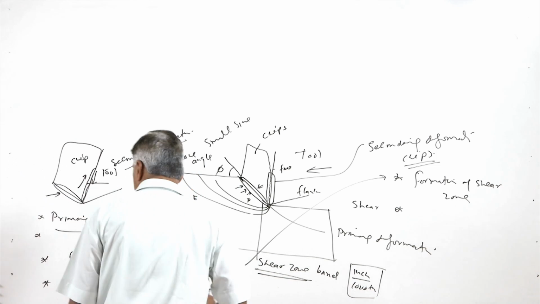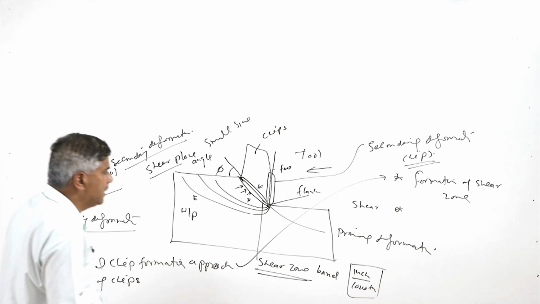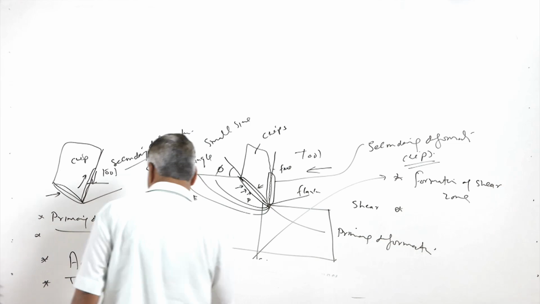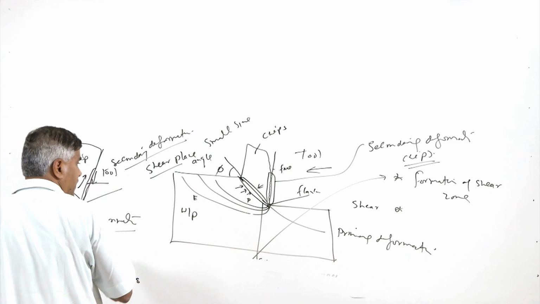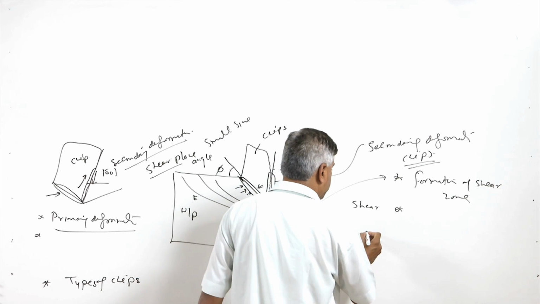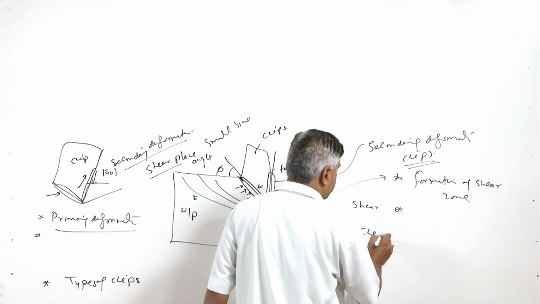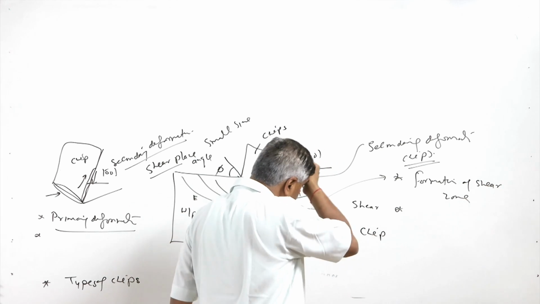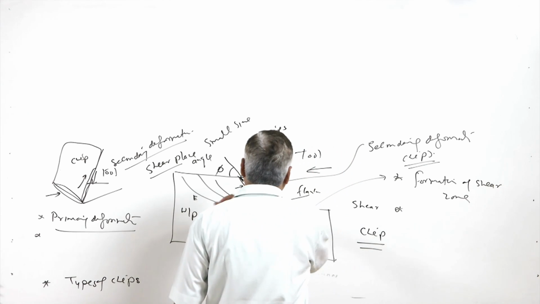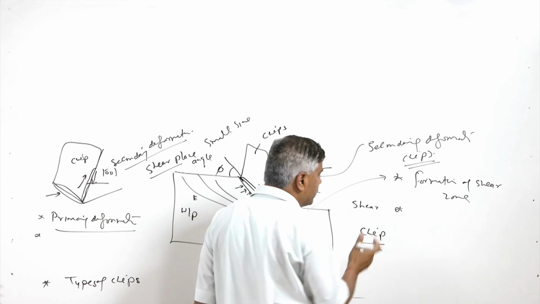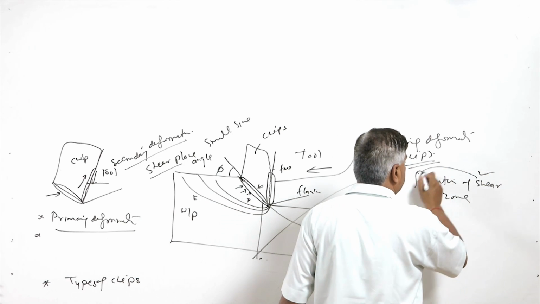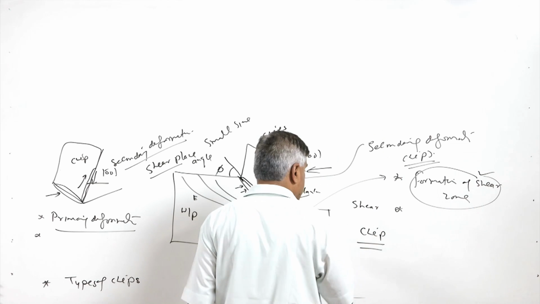And there is a third aspect related to the actual chip formation, which is that chip formation is also affected by the work material. Theoretically, in the orthogonal model of chip formation, we assumed that the shearing takes place along one plane and there is no other form of shearing, but actually the shearing takes place over a particular zone, and there is a secondary shear also.